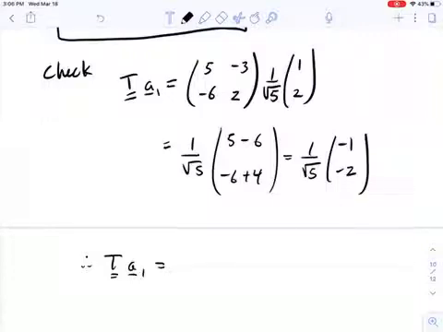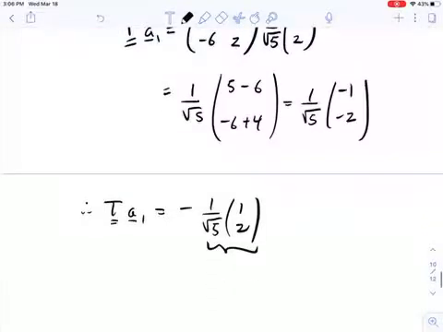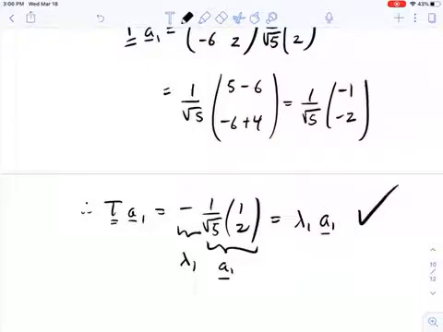Let's take out the minus sign, so it's minus 1 over root 5 times (1, 2), but this is just A1, and minus 1 is lambda 1, and so we get lambda 1 times A1 back. All right, success.